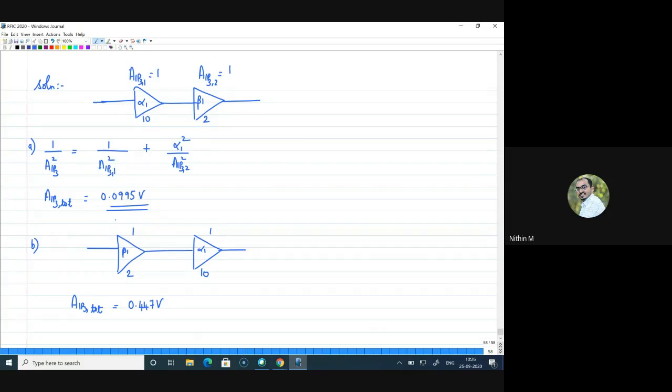First system should have small alpha. Yes, increasing with stages. Very good. Yes, that is true.